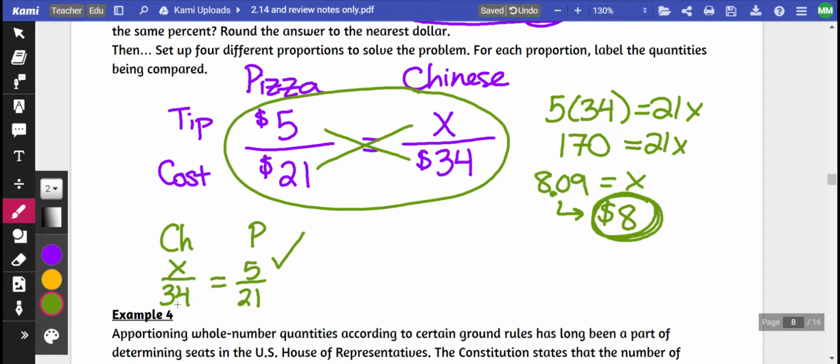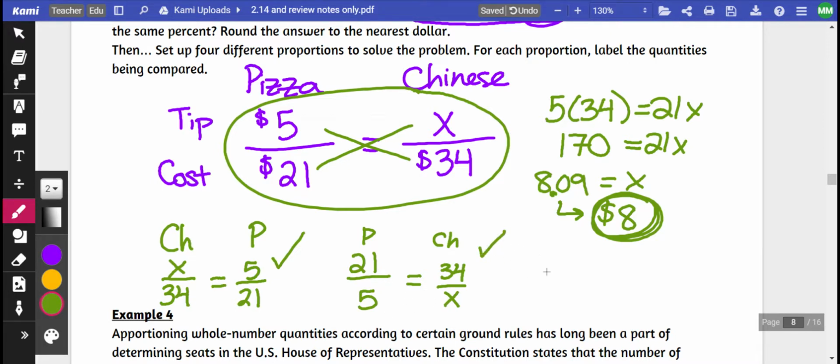Maybe you switched what went on the top and what went on the bottom. Maybe you have pizza and Chinese food, but now you have the cost on the top and the tip amount on the bottom. That's okay as well, because look in this one, you're still multiplying 21 and x, 5 and 34.